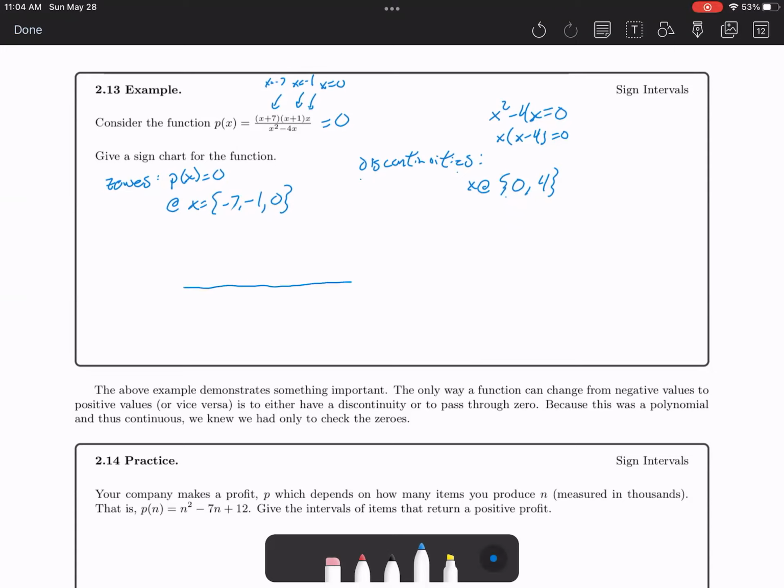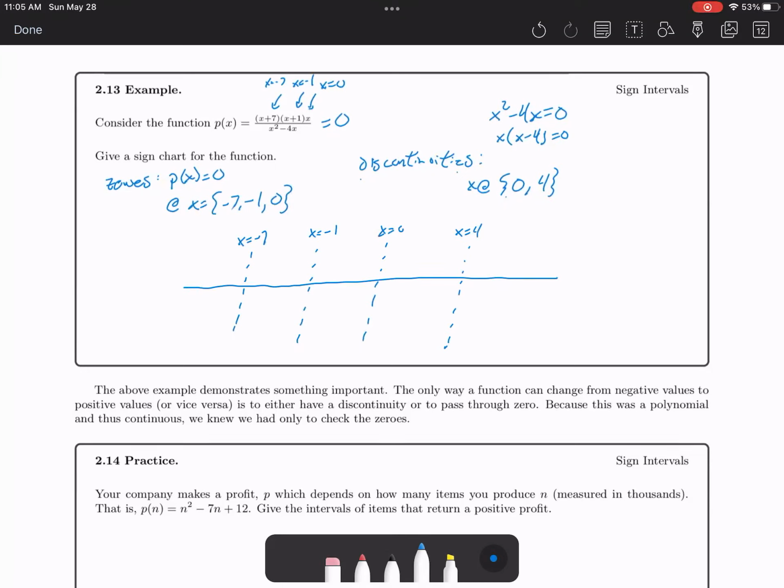We're going to construct a chart, and the only possible place where this function can change sign is at the x value -7, at the x value -1, at 0, or at 4.